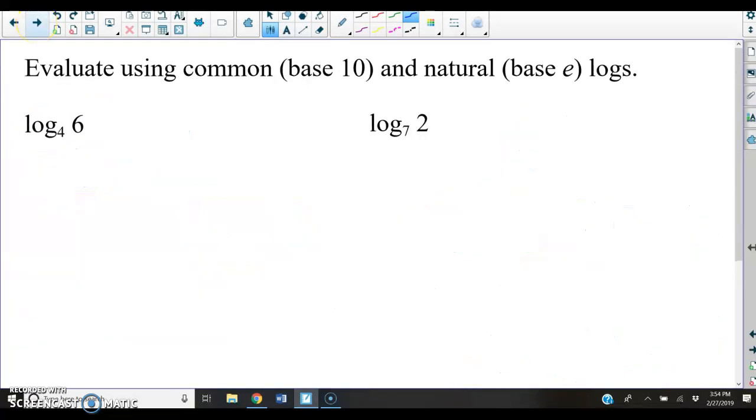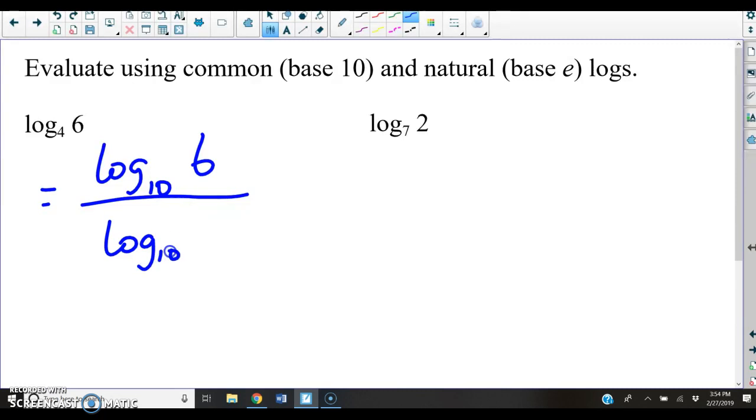Okay. So if I was to do this the old way, I would say, well, this is going to be the log of 6 divided by the log of 4. So when you grab a calculator and do that, log of 6 divided by the log of 4, I got about 1.29, and I can check it by saying 4 raised to that answer, and it gives me back the 6.